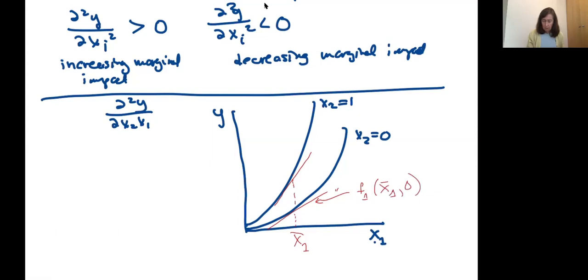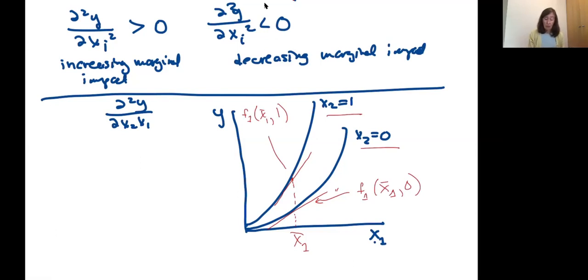And the slope of this is supposed to be tangent there. That is the first partial with respect to x1 at our same value of x1, but now a higher value of x2. What you see here is that as x2 increases from 0 to 1, the slope of the tangent line, that's the partial derivative, is getting steeper.